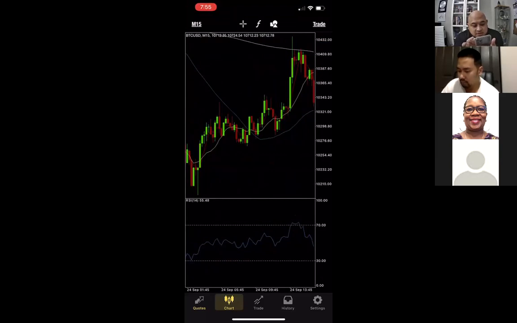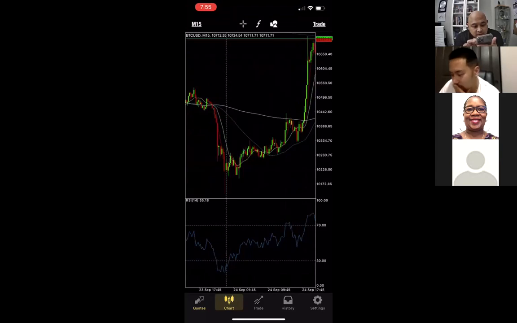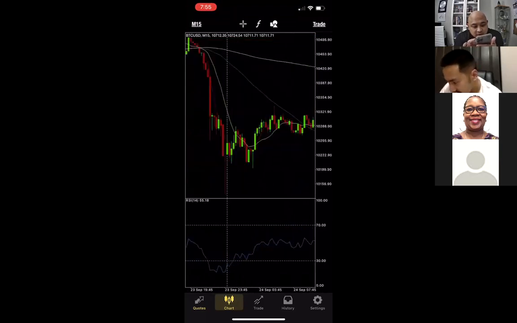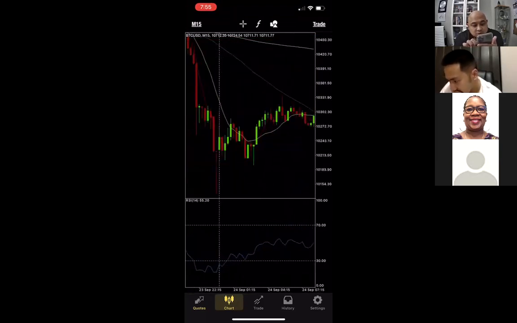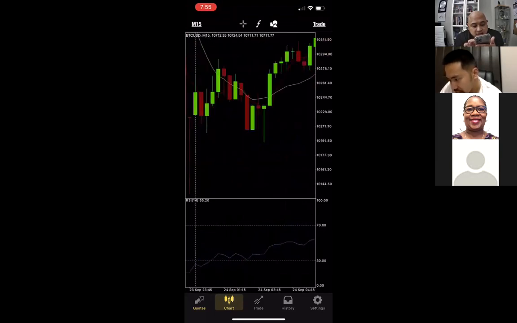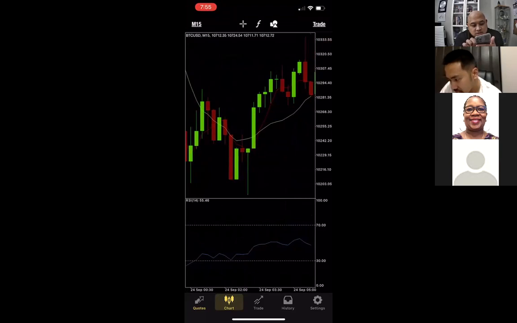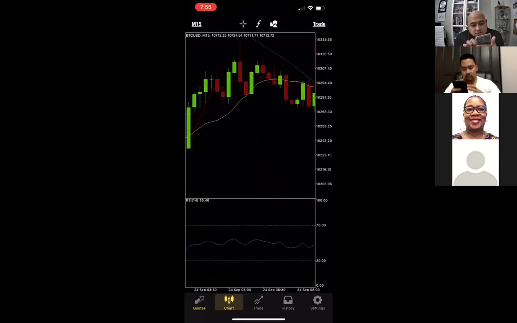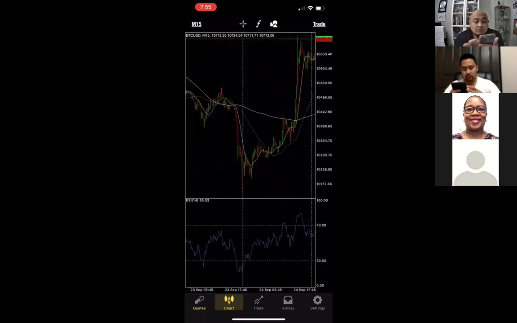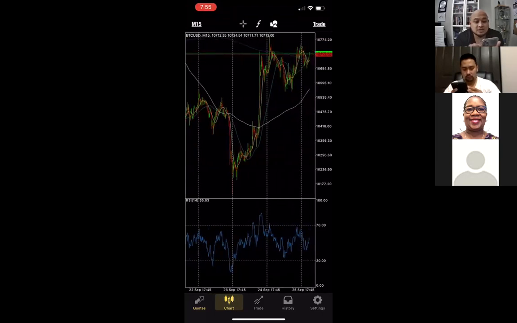When the ketchup meets the mustard on the bottom part, when it tanks, right when they touch, it's supposed to shoot up again. So that yellow and that red line, once those touch, that's when the market's supposed to shoot back up, okay? So what I'm looking at right here is the market in the middle, it tanked all the way down.